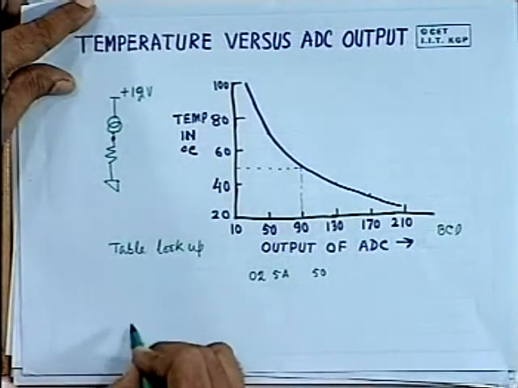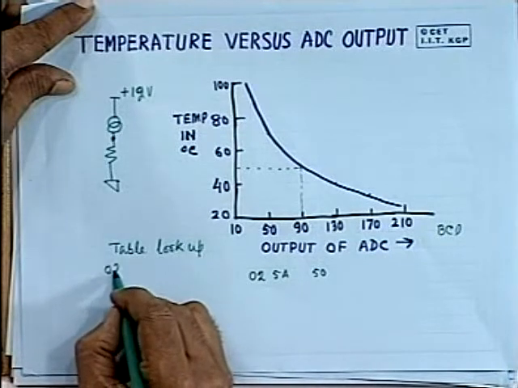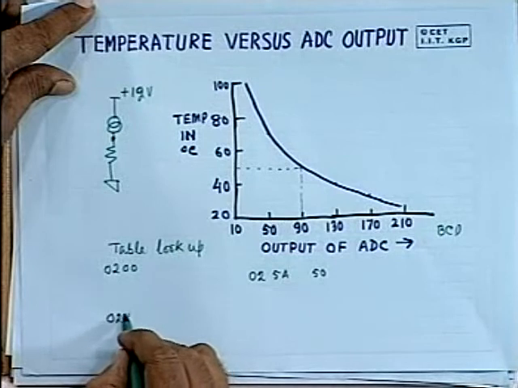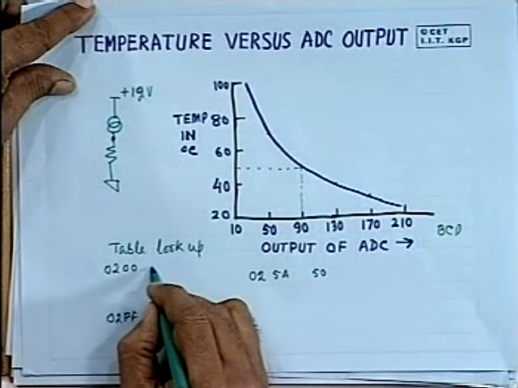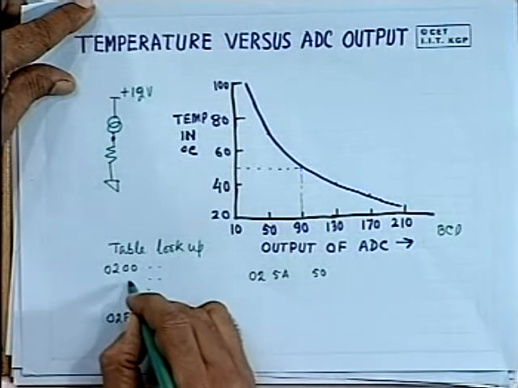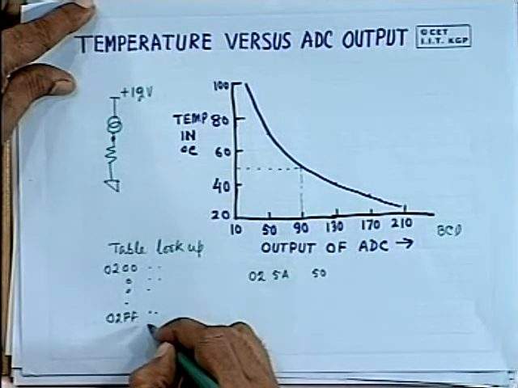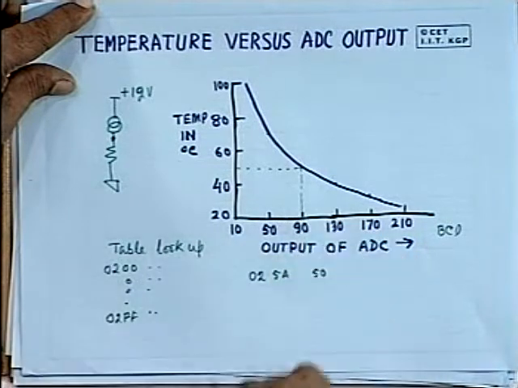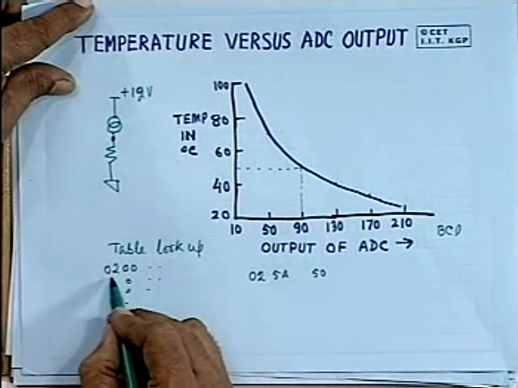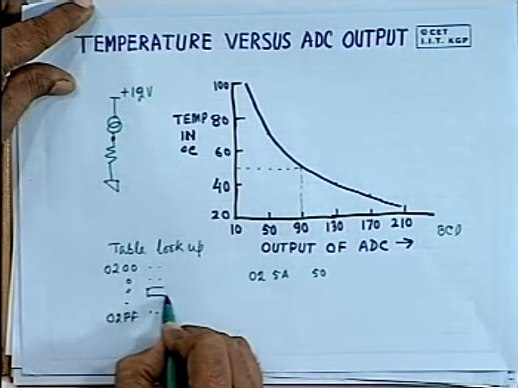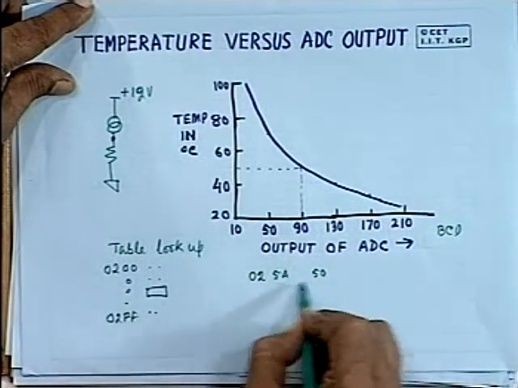That means we have stored a table starting from location 0200 to 02FF, and the temperatures in centigrade are stored here. Once you get the digital value, you append it with 02 to get the address where this temperature is stored. So this technique we use here.